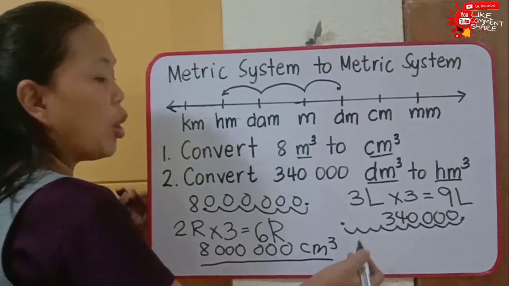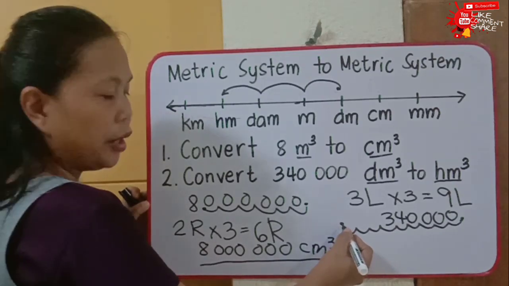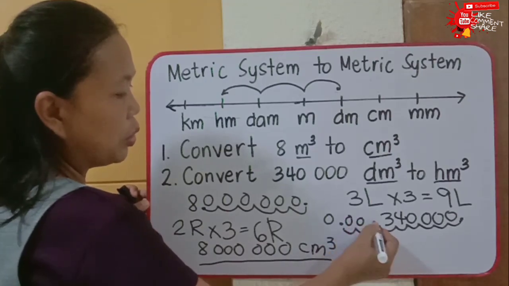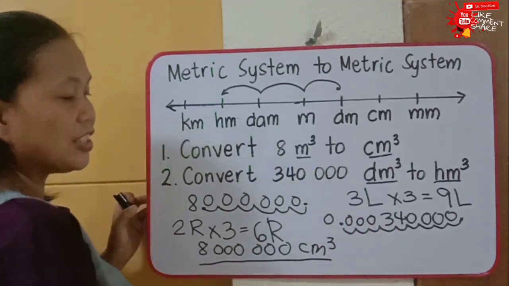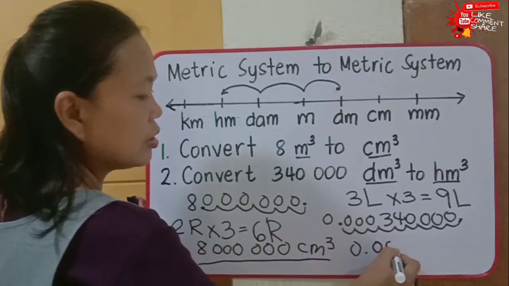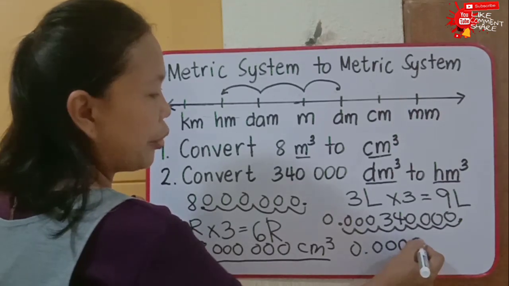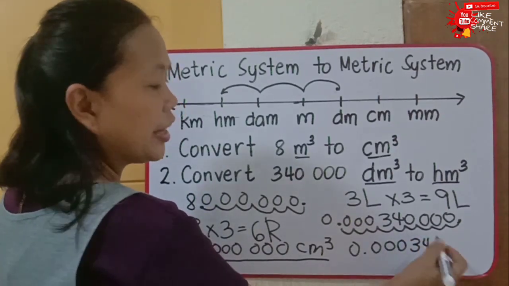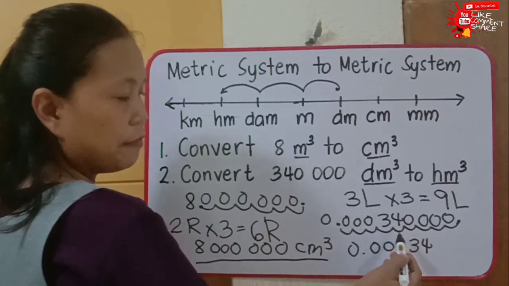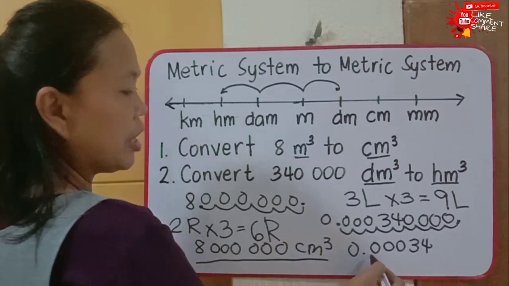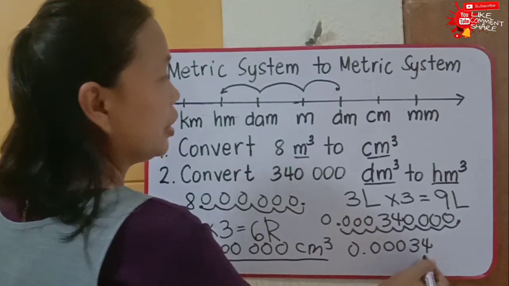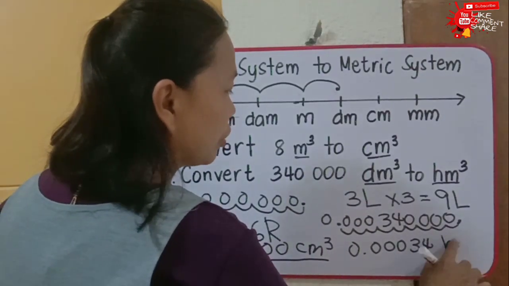And of course, we all know that before the decimal point, we put 0. And then add 3 zeros to those spaces. So our answer will be 0.00034. So we can now erase these zeros after the digit 4 because they are insignificant. Okay? So this will be our answer: 0.00034 cubic hectometer.